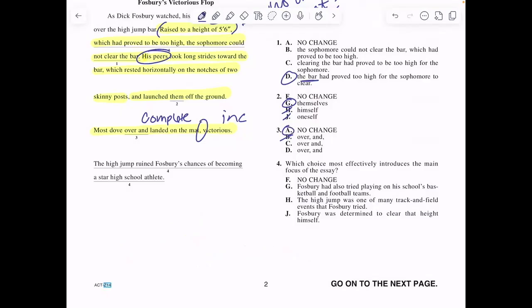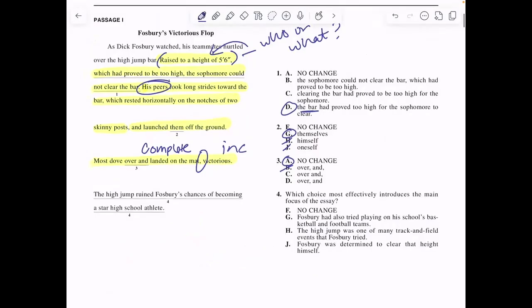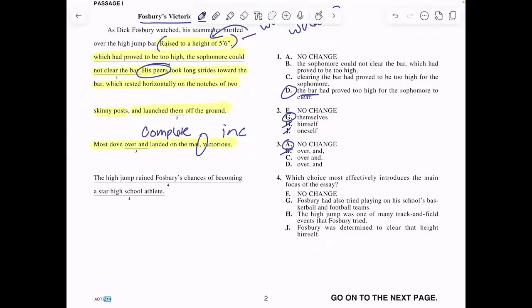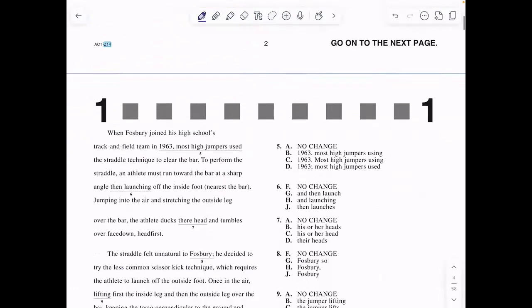Number 4: the high jump ruined Fosbury's chances of becoming a star high school athlete. Which choice effectively introduces the main focus of the essay? Well, it says Fosbury's victorious flop. I don't feel like I know enough information. When I have a question at the bottom or top of a page, I'm going to keep reading to get a little more clarity. When Fosbury joined his high school's track and field team in 1963, most high jumpers used the straddle technique to clear the bar.